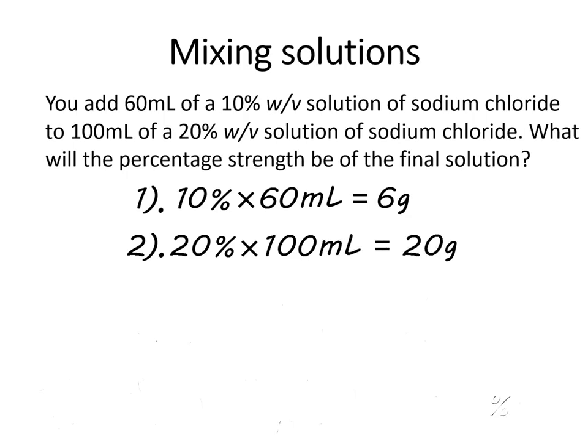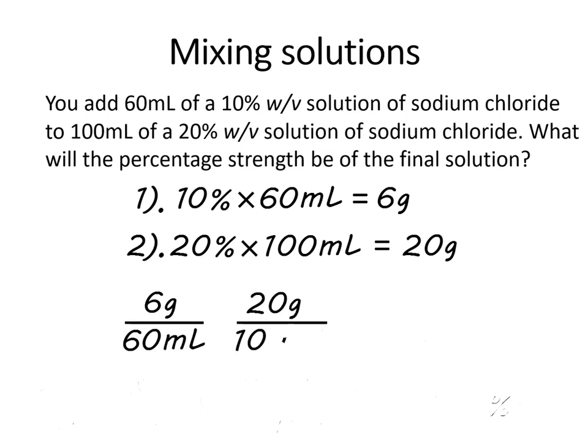We can now add the two amounts of sodium chloride and the two total volumes. Hence, we have 6 grams in 60 millilitres added to 20 grams in 100 millilitres, giving us a total of 26 grams in 160 millilitres.